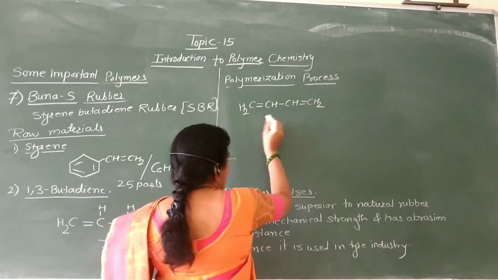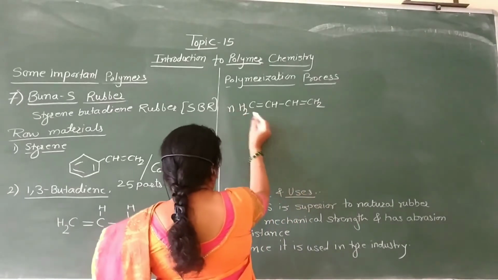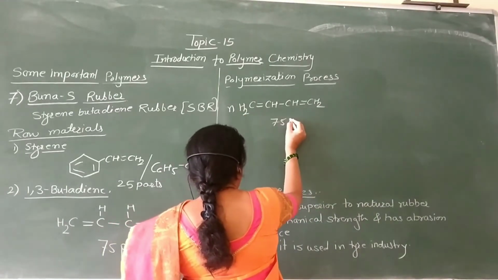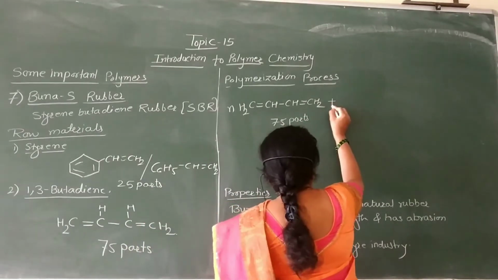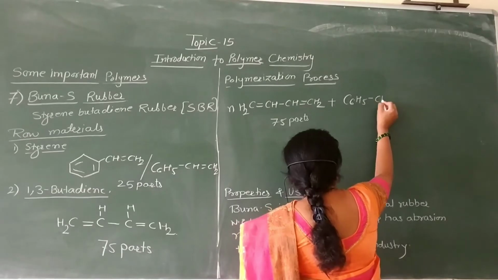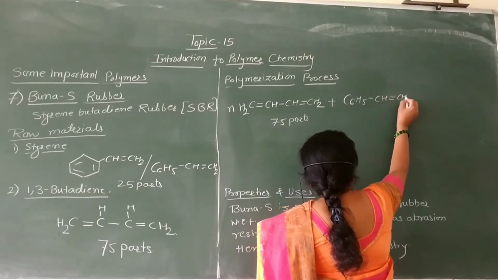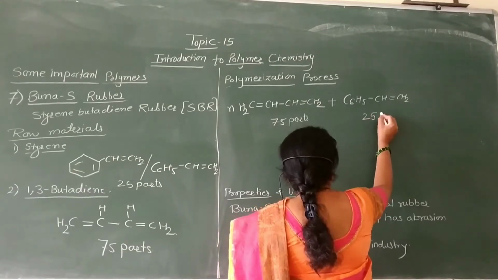This is 1,3-butadiene. And n numbers of this 1,3-butadiene, that is 75 parts of this butadiene, undergo polymerization with styrene, C6H5CH=CH2. Now here 25 parts.